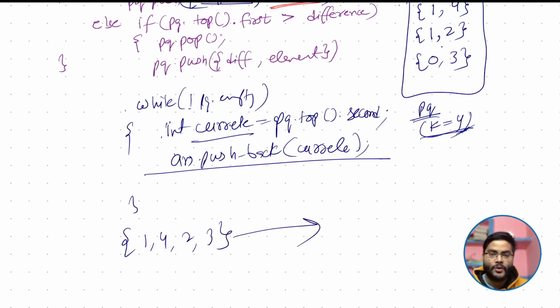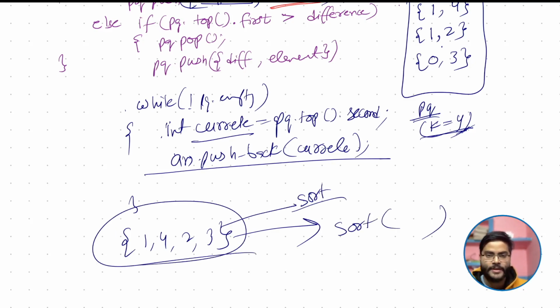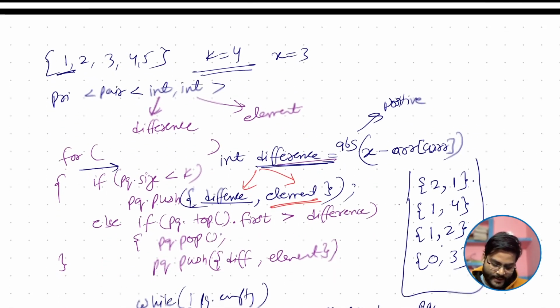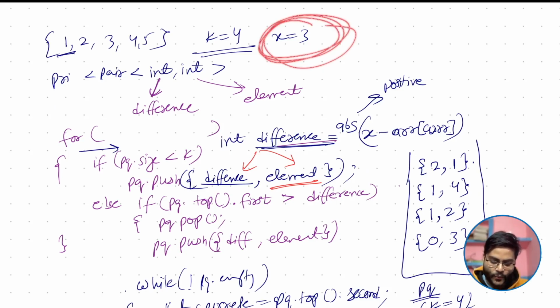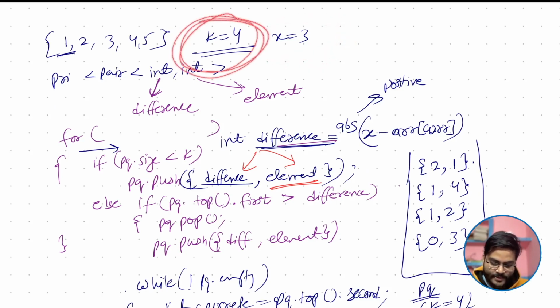Now if the problem says the answer should be in sorted order, then after this, sort the answer, otherwise return this only. So what we are doing is taking the difference. The problem states that we are given an x and we need to return the k closest elements to this.